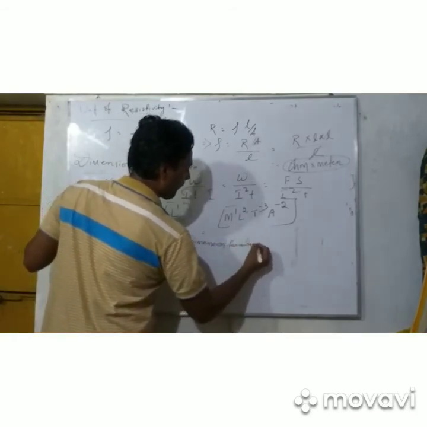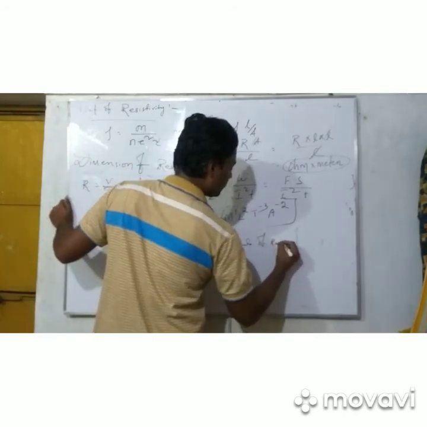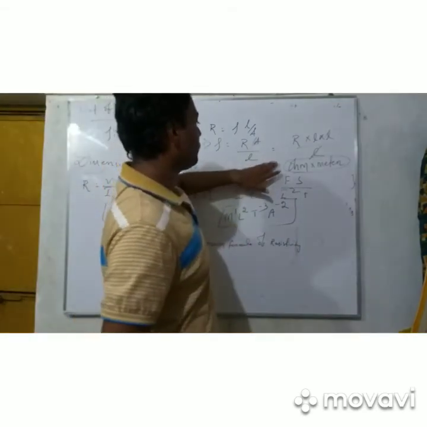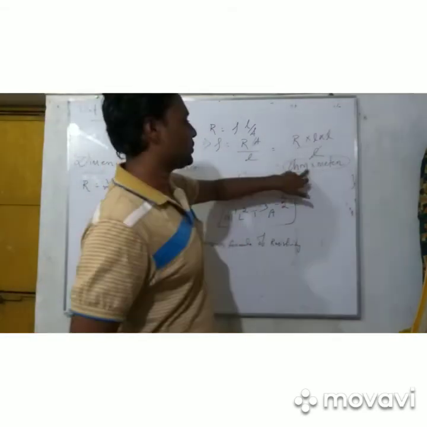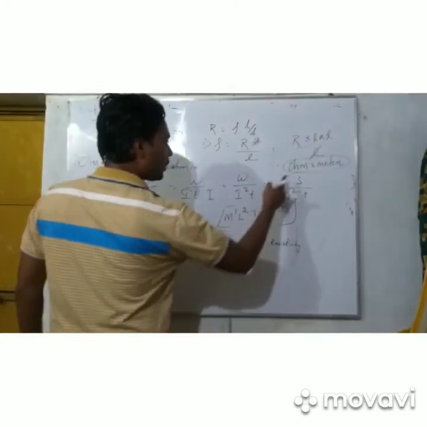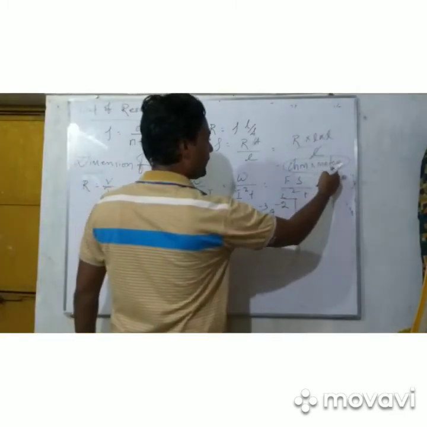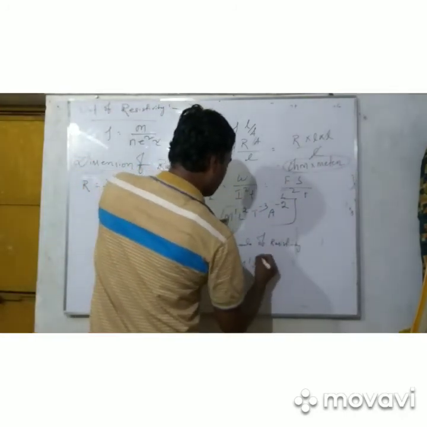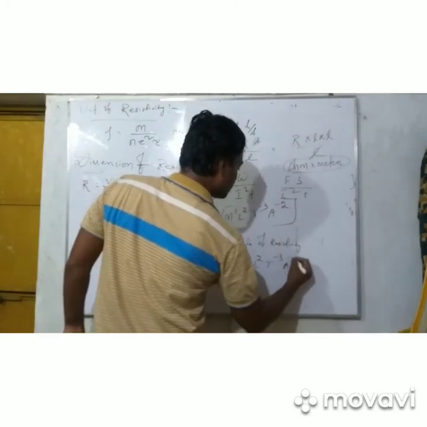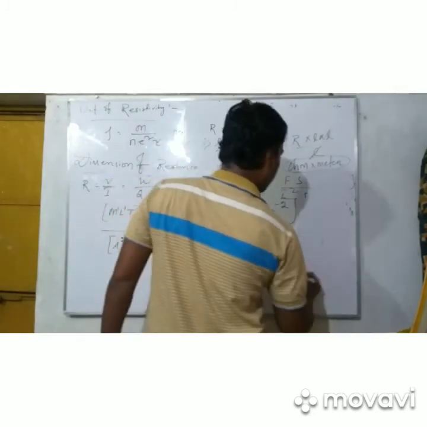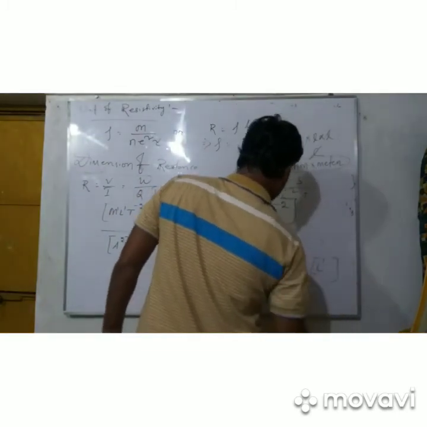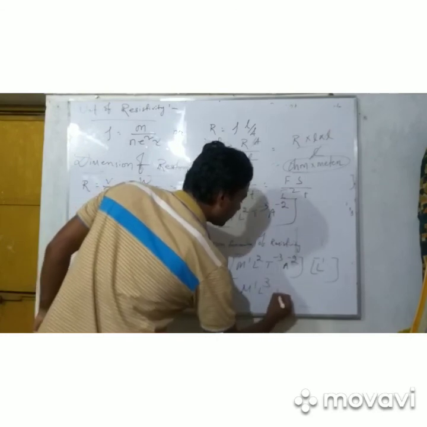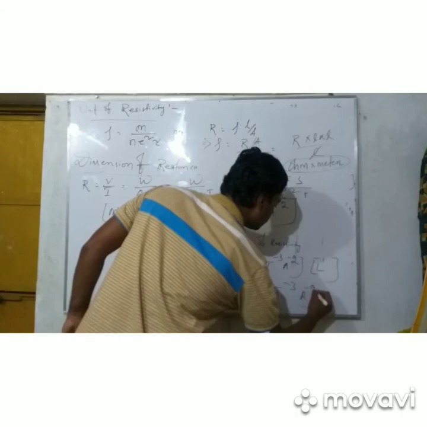You know the unit of resistivity is ohm meter. Ohm means resistance, and meter means L¹. Ohm means M¹ L² T⁻³ A⁻², multiplied by L¹, so M¹ L³ T⁻³ A⁻².